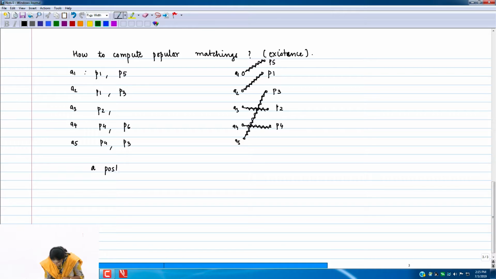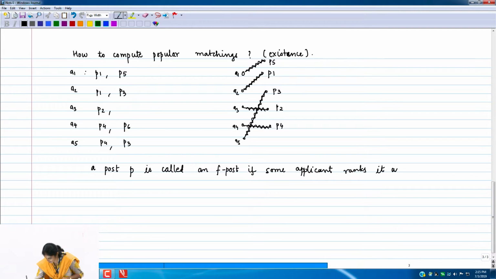F stands for first post, if some applicant ranks it as its rank 1 post.